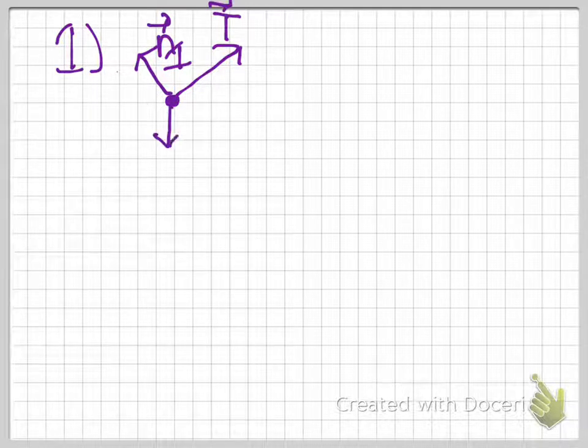Then we have mg. I should be a little bit better here, because this is a bit longer, because it's 10 kilograms instead of 5.